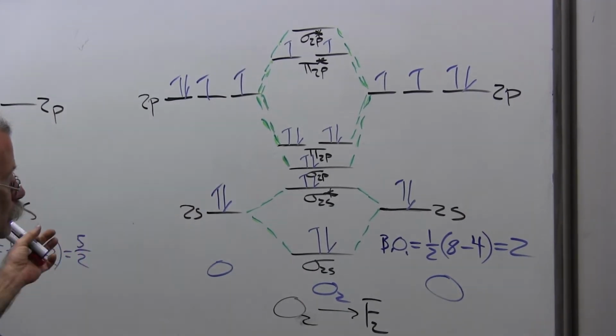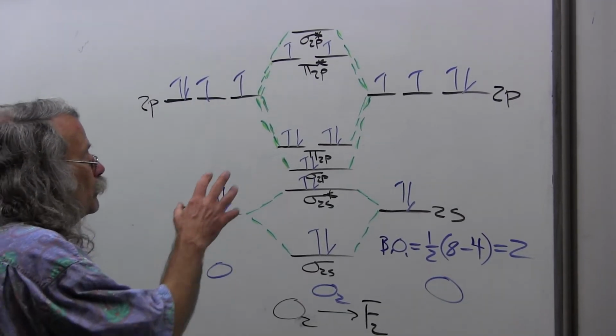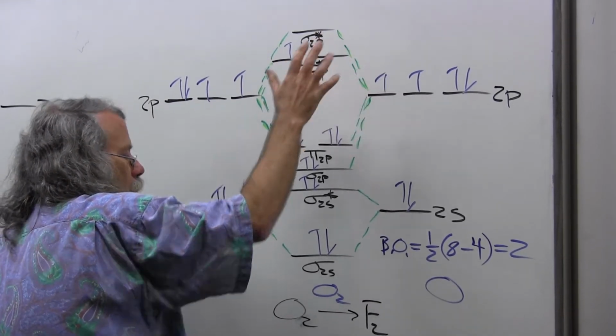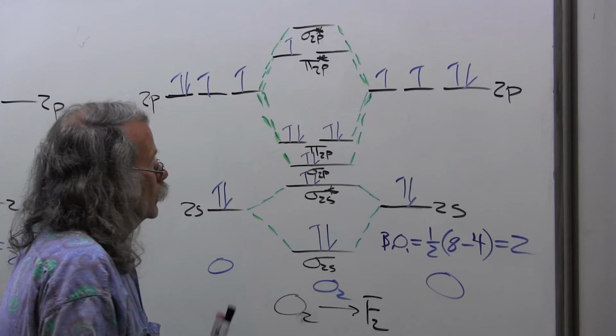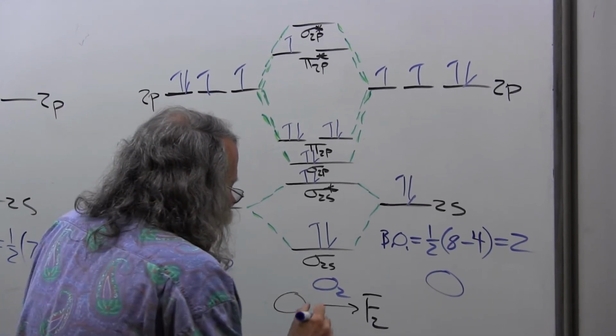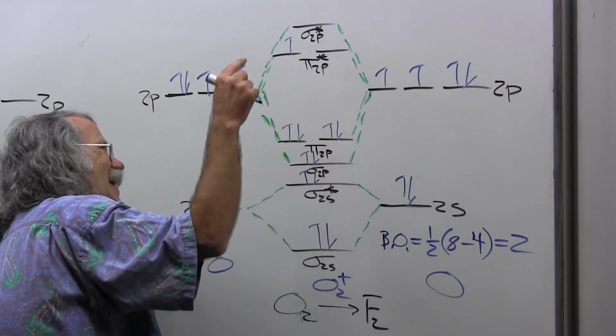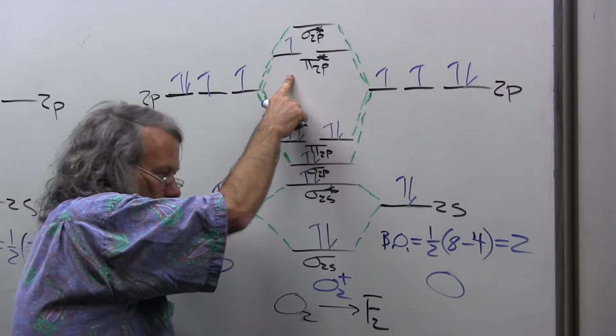I have a net double bond. What happens when I remove one of the electrons? We're going to remove the one that's most easily removed, which is going to be the highest occupied molecular orbital, so I'm going to get the O2 cation, at which point I'm removing an antibonding electron.